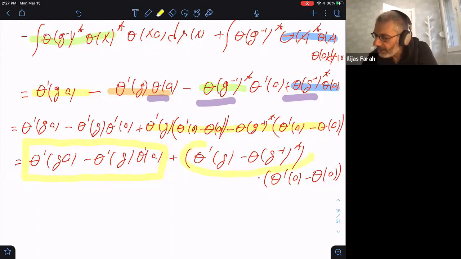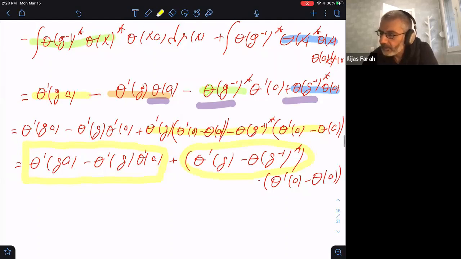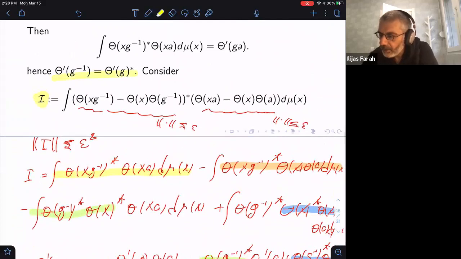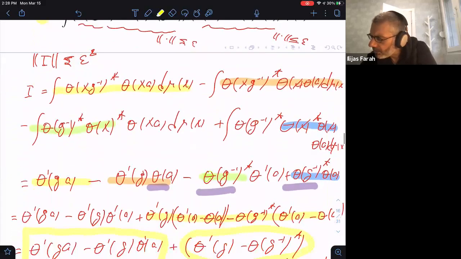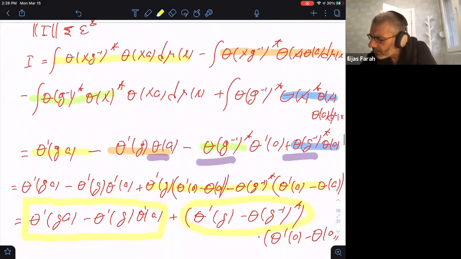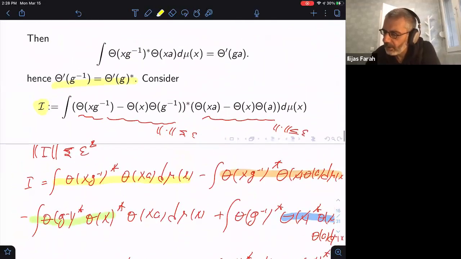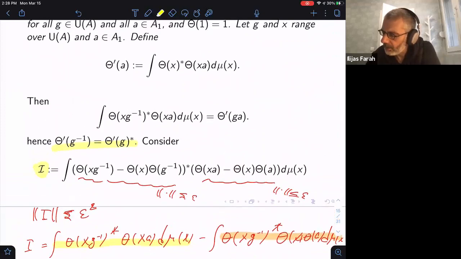This here is at most epsilon. Sorry, it's not at most epsilon, it's 0. What? No, it's not 0. Right, yes. So theta prime of G is within epsilon. What did we say? No, I didn't say anything there.